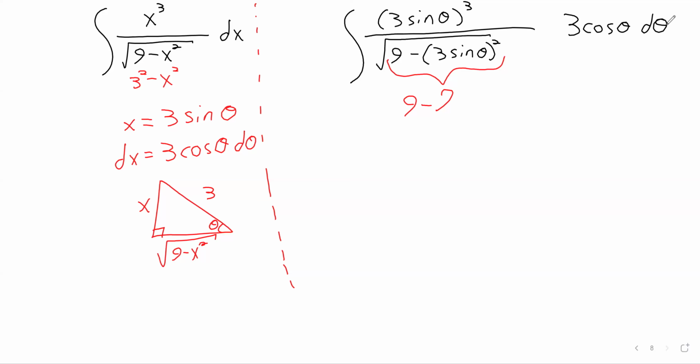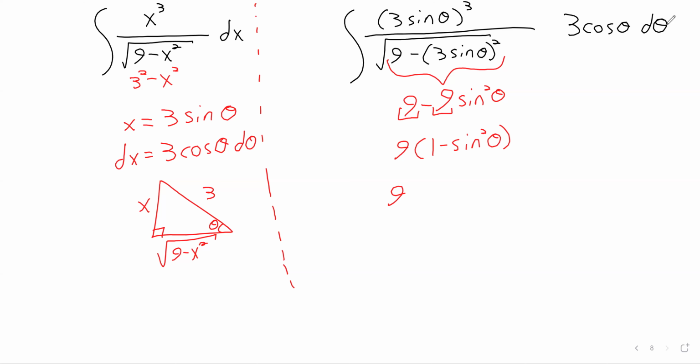Specifically, if we square this, we always get the same number out front and then in front of the sine squared. We always pull that number out to get 1 minus the sine squared.